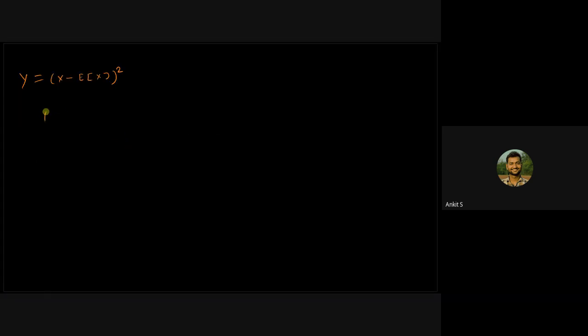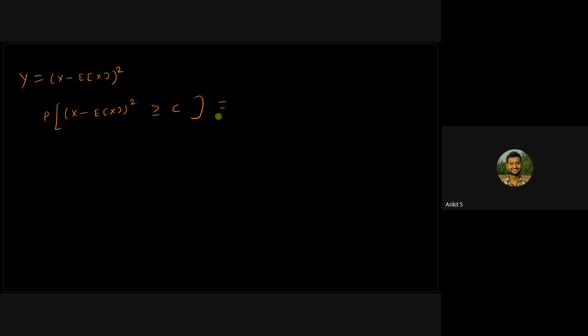Now use Markov's inequality on this. Can you use Markov's inequality on this? How will you use it? The probability that x minus expected value of x whole squared is greater than or equal to some value c.